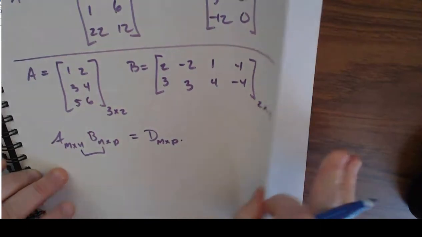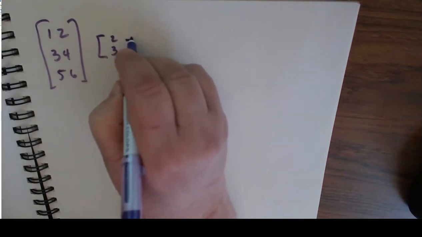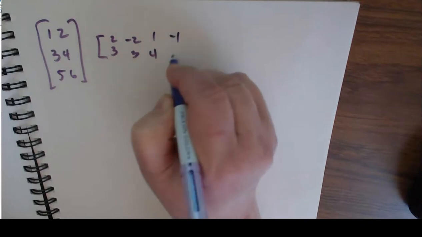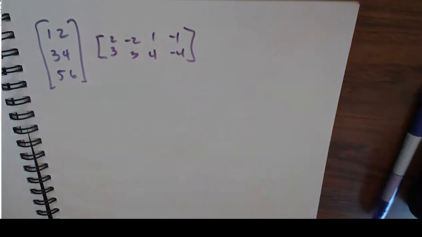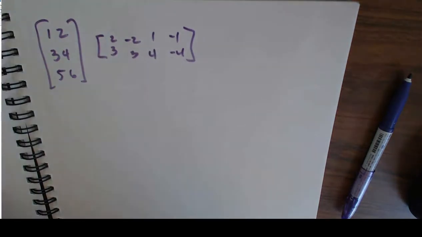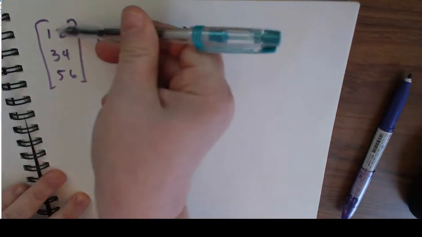So let's do one. So 1, 2, 3, 4, 5, 6, and we have 2, 3, negative 2. The way I think about this is I'm taking this first column, and each column has to hit all the rows.